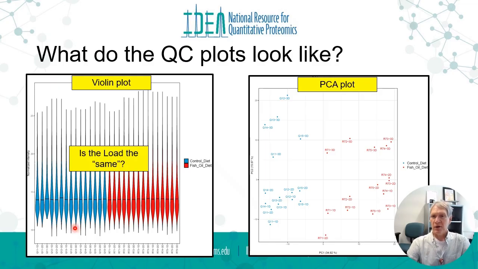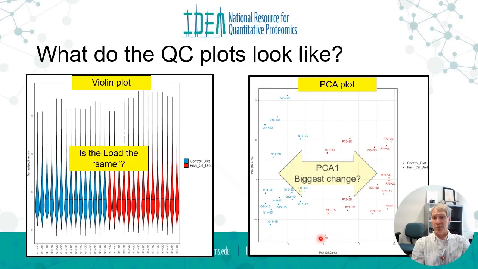For the PCA plot, which stands for Principal Component Analysis, this is essentially taking all of your data and saying, okay, let's look at the top 500 most variable proteins and see how these samples shake out. And what you notice is that the red is the fish oil diet, and the fish oil diet samples tend to migrate over on this side, and the control diet samples tend to migrate over here.